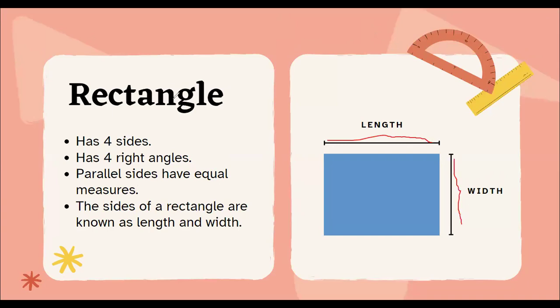The length and the width are very important, right? The length and the width will differ from shape to shape. Everyone knows that, right? So now let's move on to the next one.